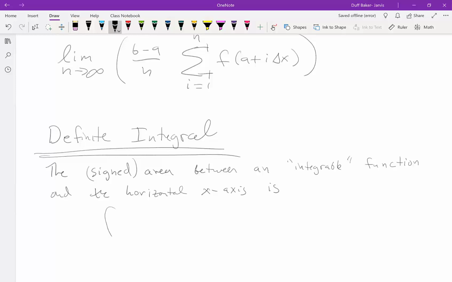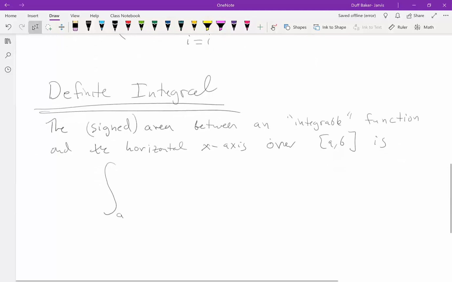is, so we get a new symbol. So a lot of symbols today. The area over an interval from a to b is called the definite integral, and now you make this big long S looking thing. And then you put your function.